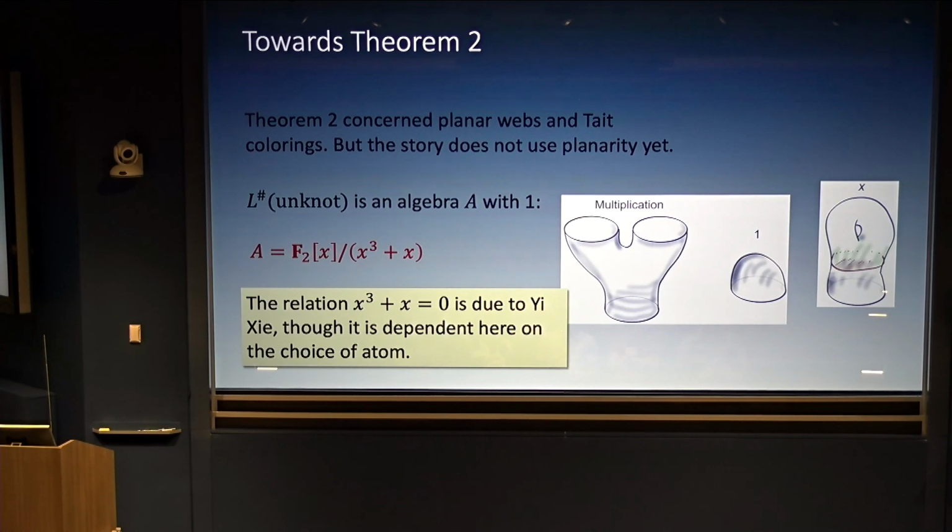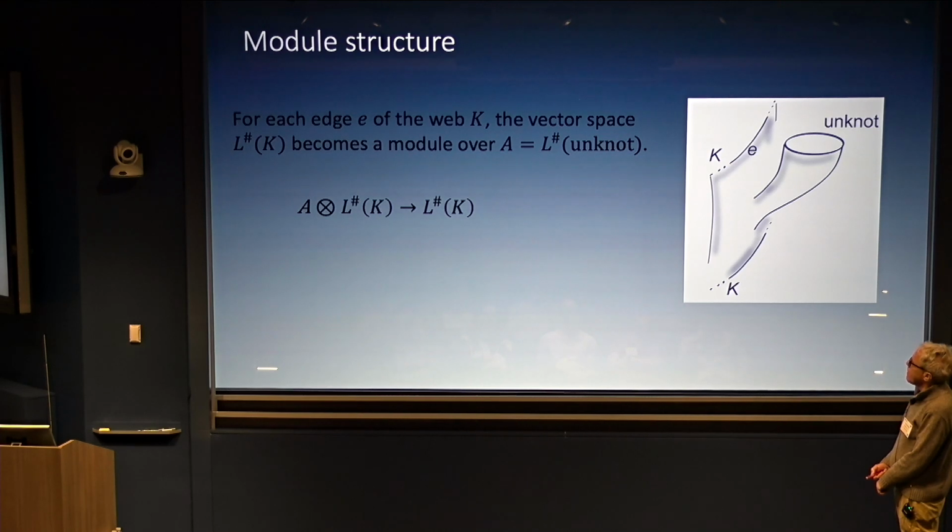And that's kind of a more important point than we realized when we started this project. There's an algebra, which is the homology of the unknot, and then for every other web, we've got a module over that algebra. If I pick an edge E of a web, there's a standard picture here of a cobordism from the disjoint union of the web and the unknot to the web.